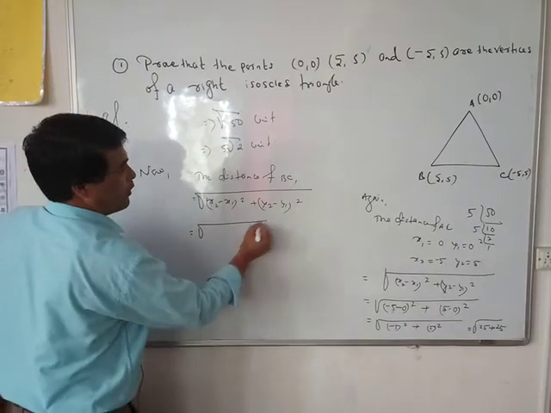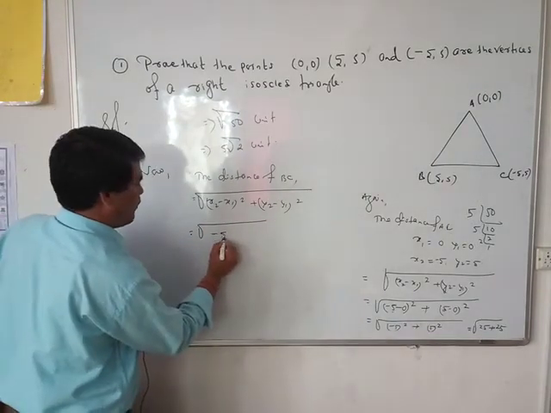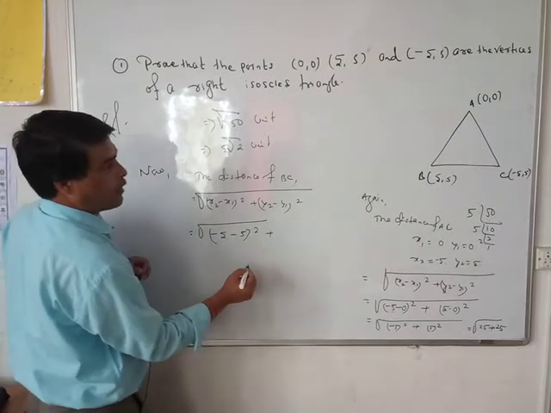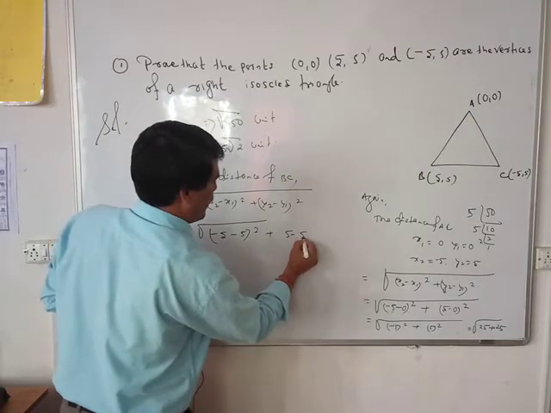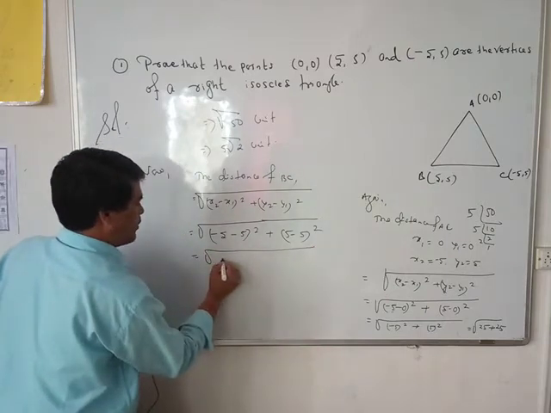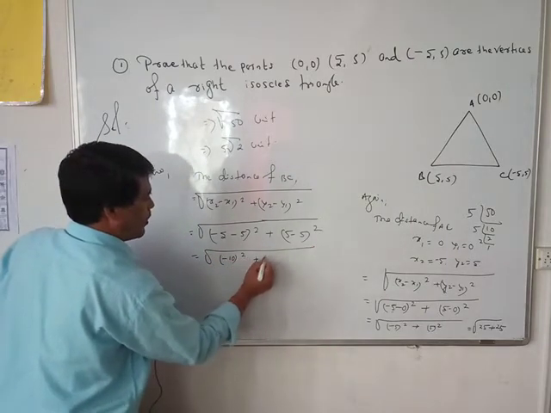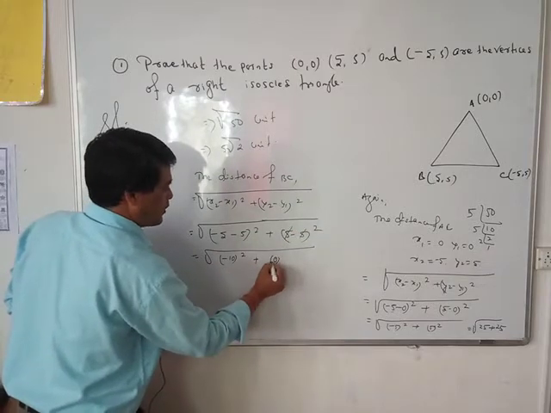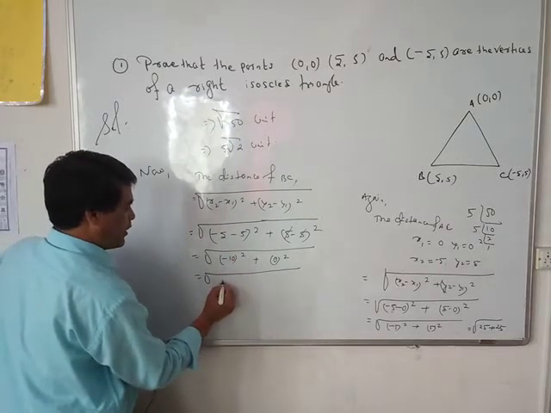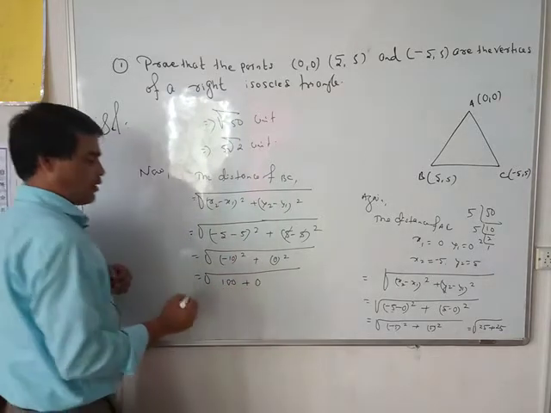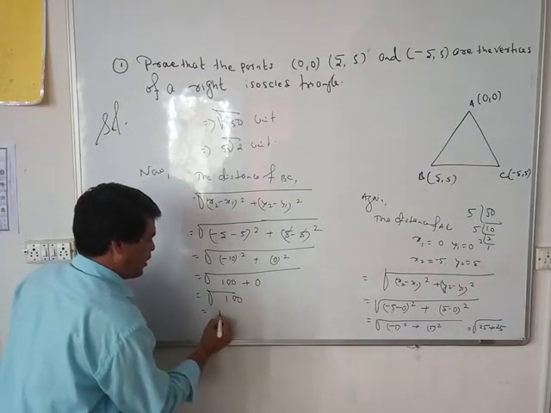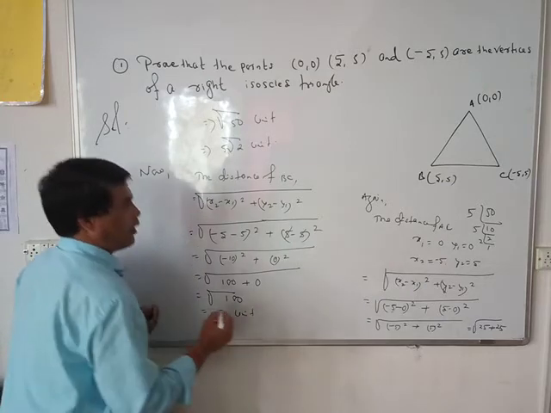Then x2 value is minus 5, whole square, plus 5 minus 5 whole square. Then minus 5 minus 5 is minus 10 whole square plus 5 and minus 5 cancel, that is 0 square. Minus 10 squared is plus, 10 10s are 100, plus 0 square means 0. Then 100 plus 0 is 100, root 100, that is 10 unit.